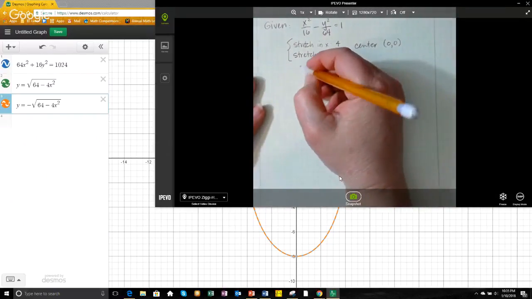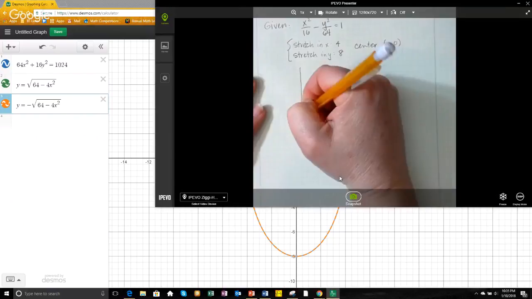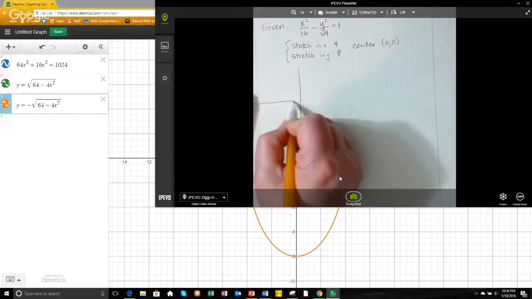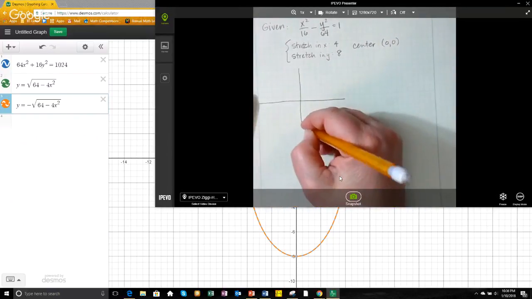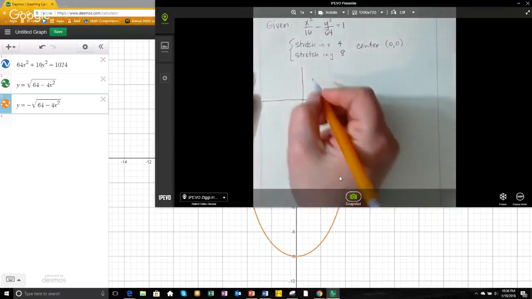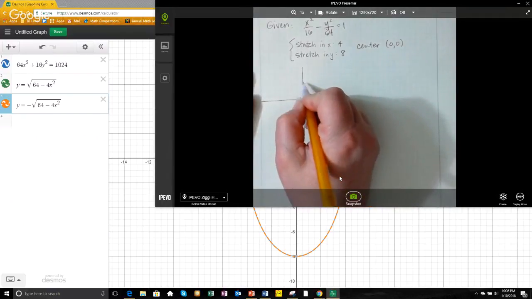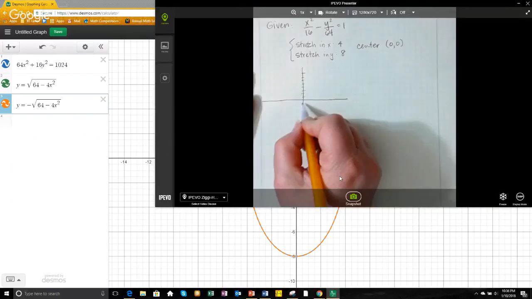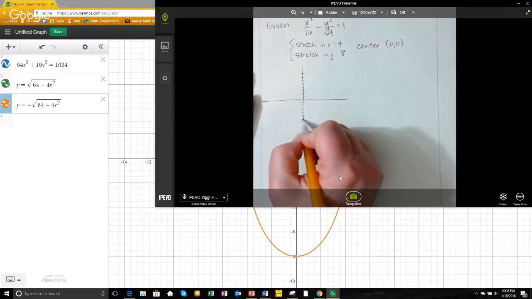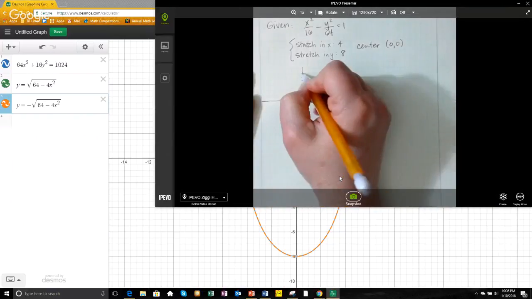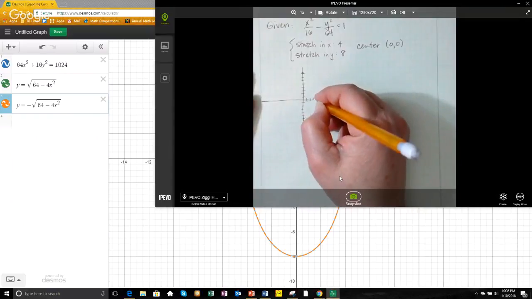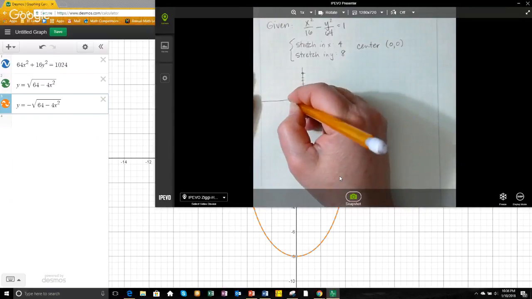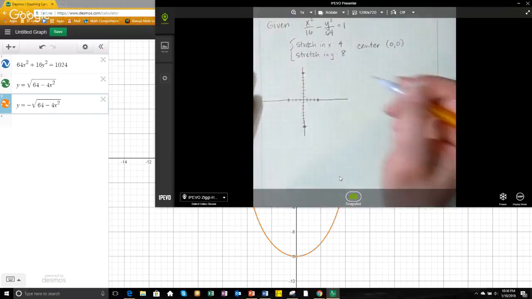And if I were going to graph this, you do the same thing as if you were going to graph an ellipse by hand. So we're going to go 1, 2, 3, 4, 5, 6, 7, 8 in the y direction. There are points. And then 1, 2, 3, 4, 1, 2, 3, 4 in the x direction.